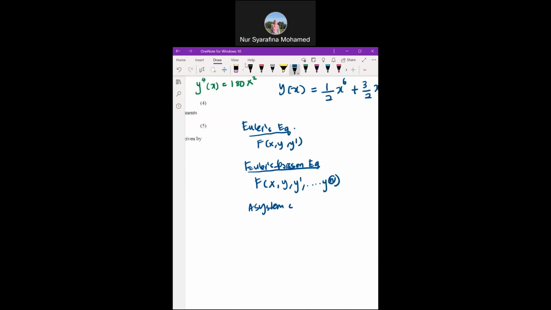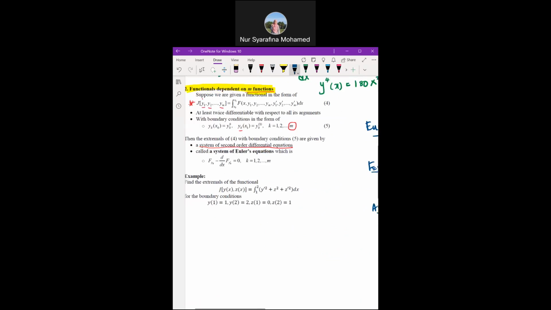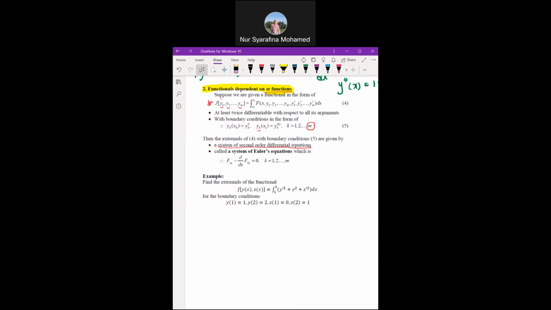A system of Euler's equations is applicable for a functional J of y1, y2 up until yn, where f consists of x, y1, y2, y1 prime, y2 prime, if we have two functions. If we have three functions, we proceed with y3, y3 prime.